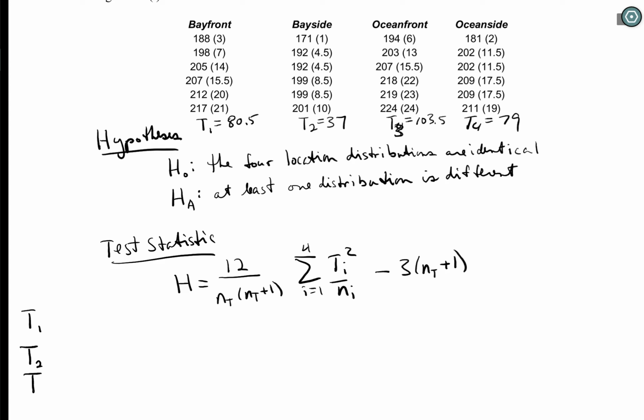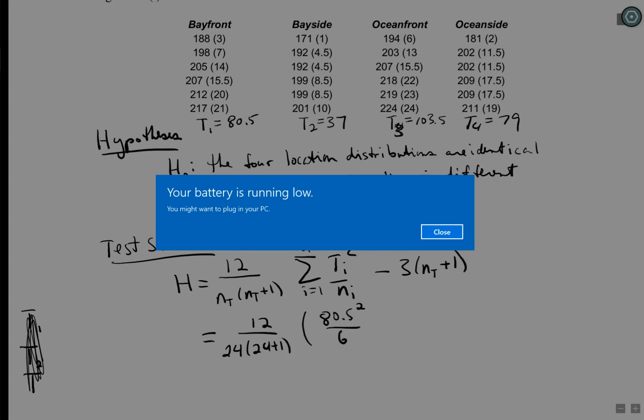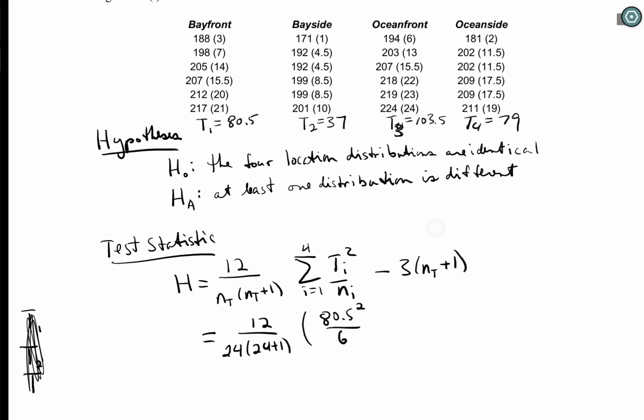So I'm not going to worry about these right here. I've already got the T values. So in my test statistic here, I've got 12 over 24 times 24 plus 1 times the sum. So I'm going to take 80.5, square it, divide it by Ni. Well, N1 in this case is 6, N2 is 6, and so is N3.